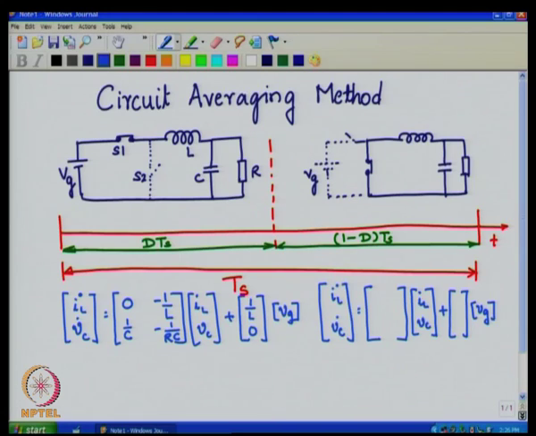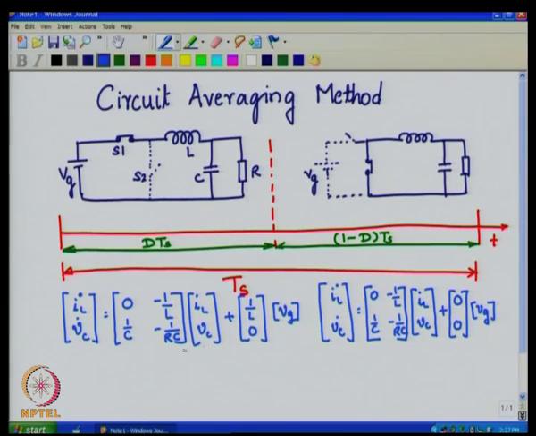Now, we had seen that there is no input coming through in this case, that is 0, and this is minus 1 by L, 1 by C, minus 1 by RC, this remains the same.